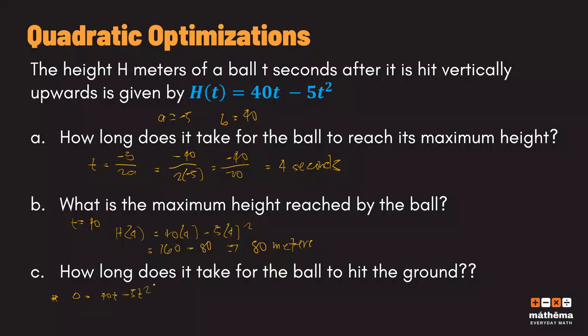And again, the same thing we did earlier, I'm going to factor this out. I could actually factor 5t again. Then what will remain is 8 - t = 0. And then again, 5t = 0, so t = 0, and then 8 - t = 0, 8 = t.